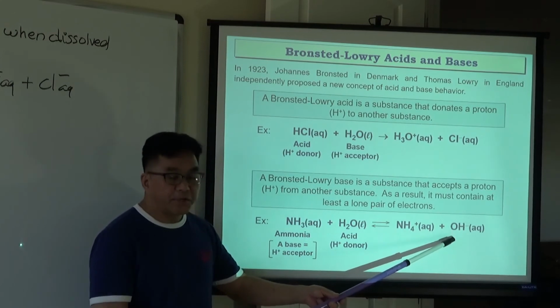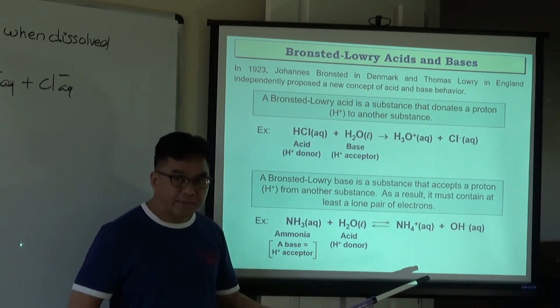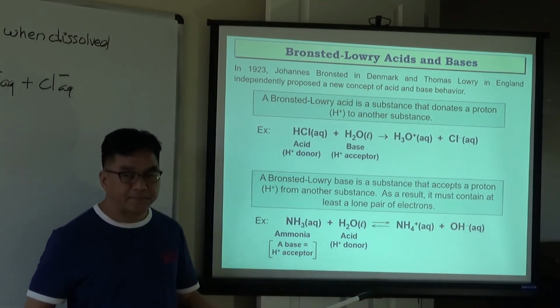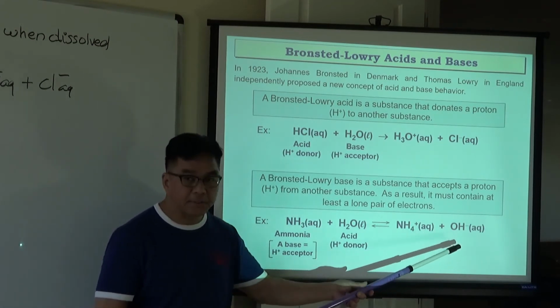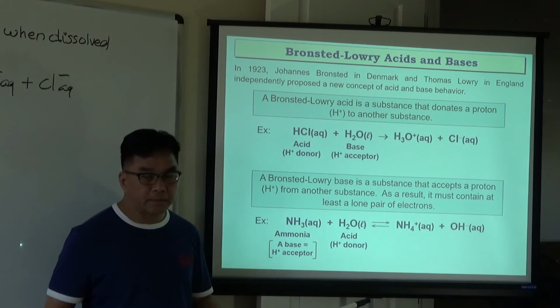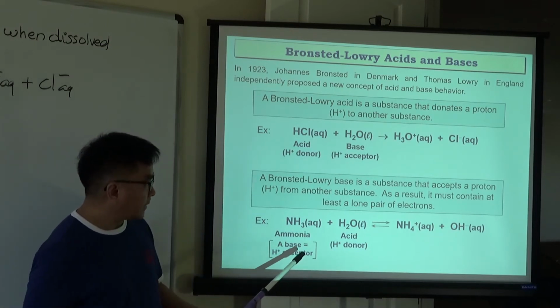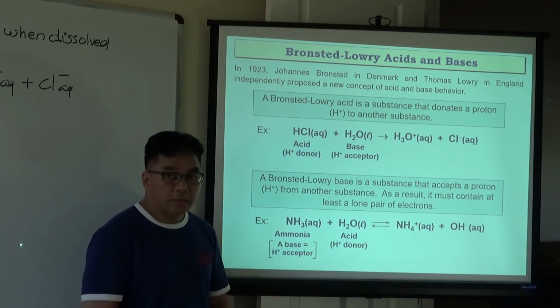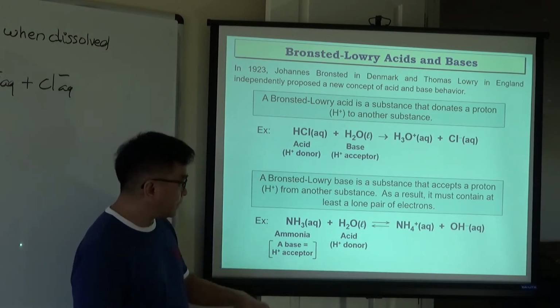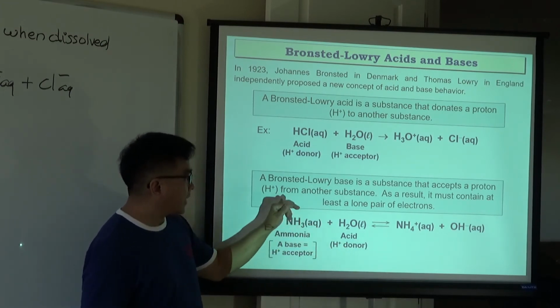Because it produces hydroxide, it is an Arrhenius base, since all Arrhenius bases by definition produce hydroxide ions when they dissolve in water. And in this case it is also a Brønsted-Lowry base because it's a proton acceptor.